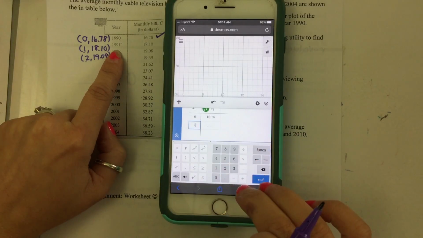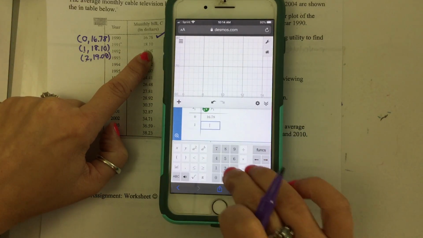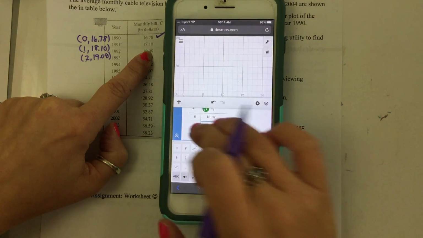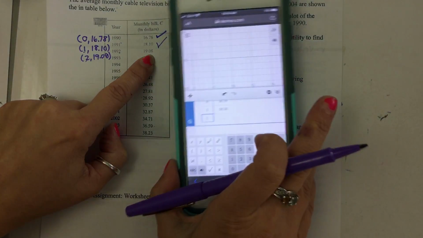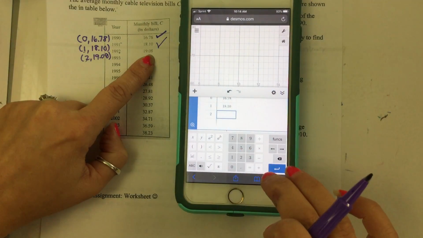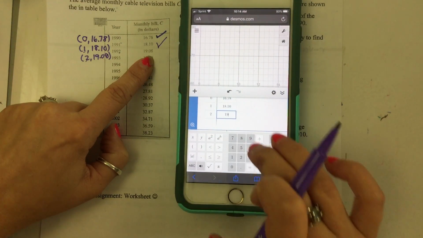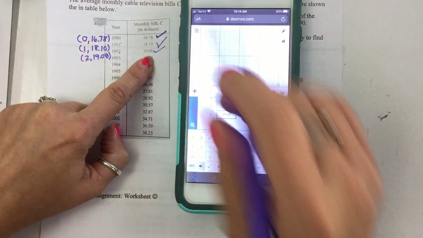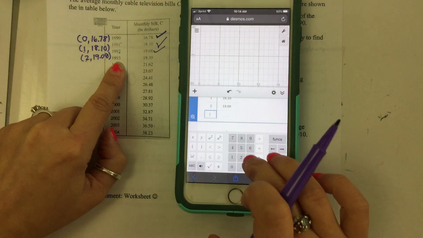Now I have 1991, so that's a 1, then $18.10. Go to the next ordered pair, 2. I hope you're doing this with me, otherwise this is going to be really boring to watch me enter points in Desmos. Please make sure that you are practicing this. Like I said, you'll have to be able to do this when you get to the test.